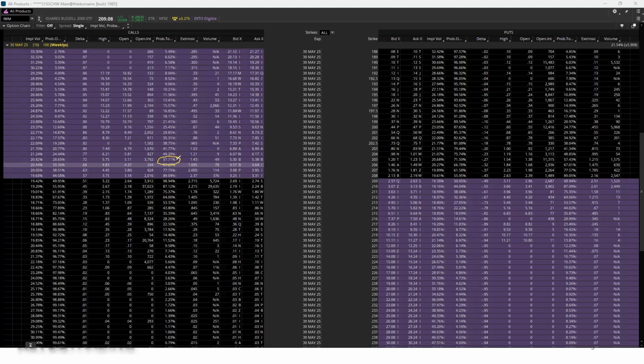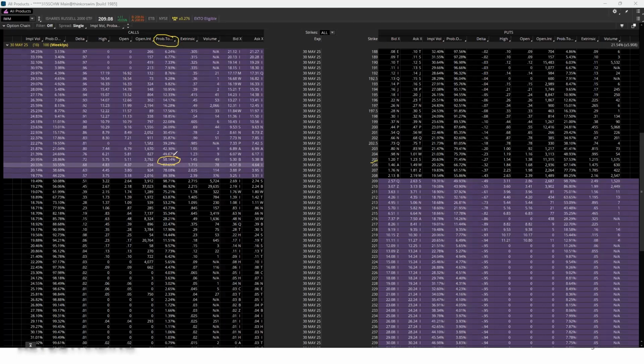This is as of today, not necessarily as of Friday. This is probability of touch, meaning that between now and May 30th, the probability IWM is going to come back down to the 205 level. It's currently just over 57% chance.